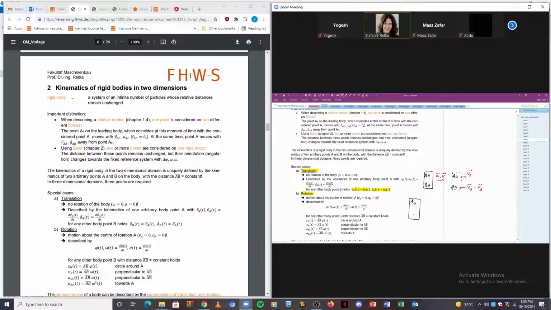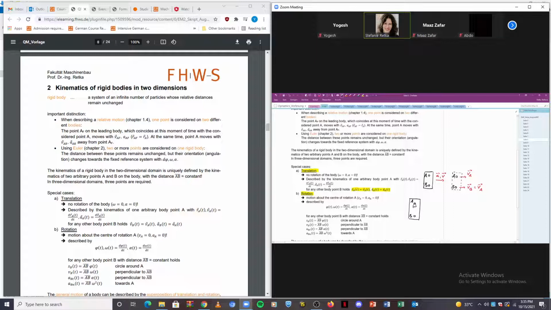This is point A. This is point B. And now we assume that our object rotates about point A.